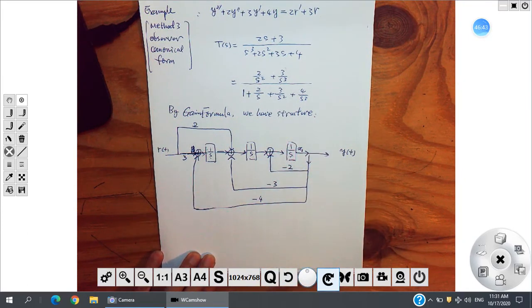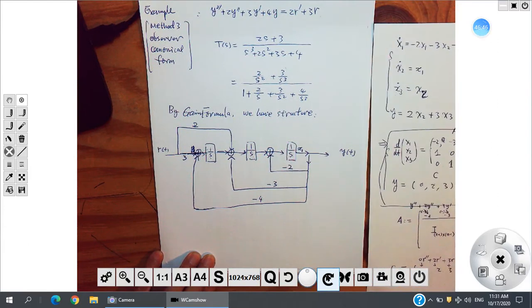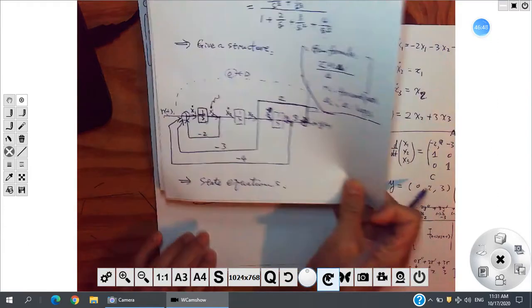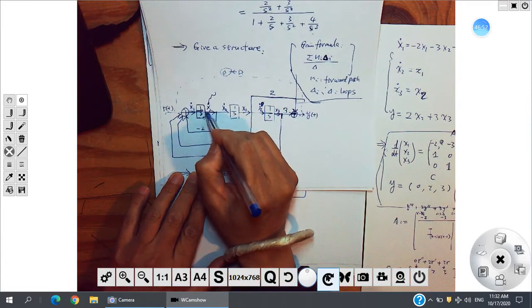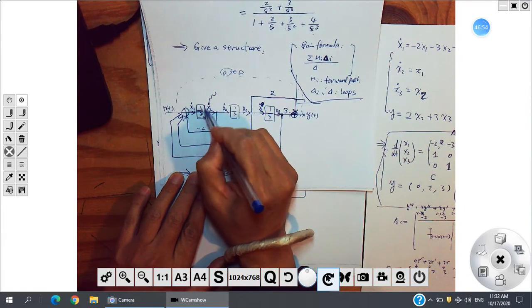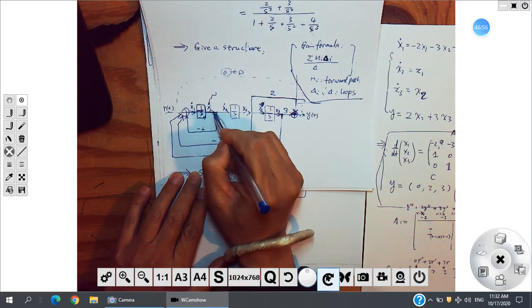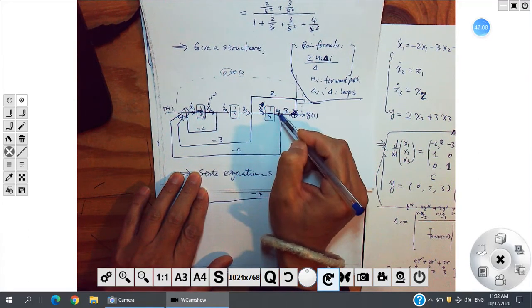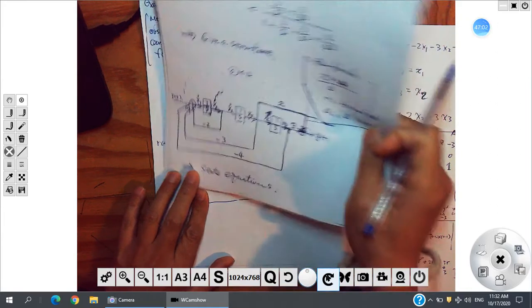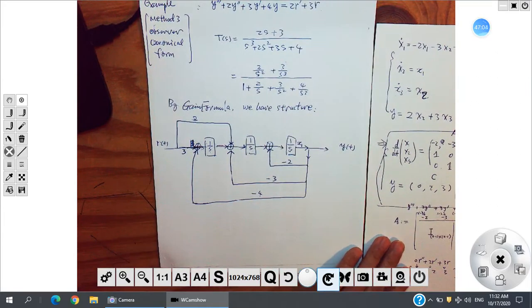In the CCF, in the controllable canonic form, this is the previous one, right? I use x1 here, for the first integral 1 over s, here's x1. Then x2 and x3 are on the most right side. And here we use the reverse way. I put x1 here.